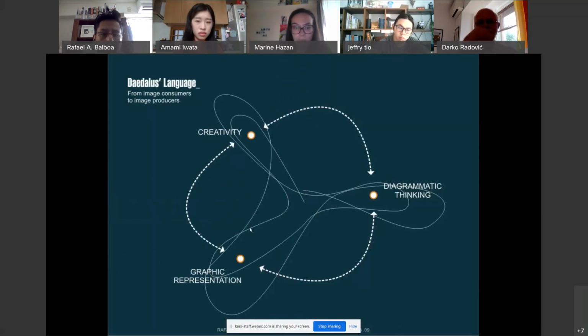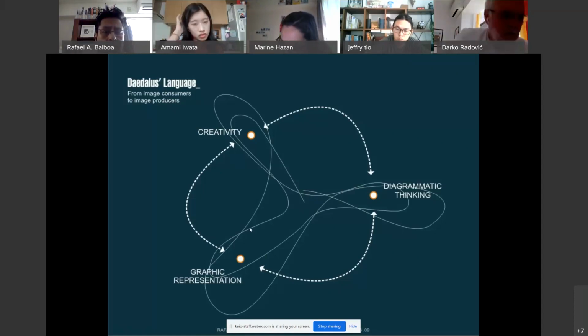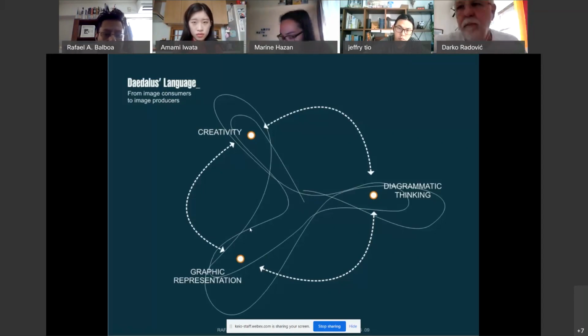The main backbone would be creativity, but basically expanding on graphic representation, which we elaborated on last time: how, in the case of architects and urban planners, we are not only image consumers but also image producers. So we are in this cycle of consuming and producing images.